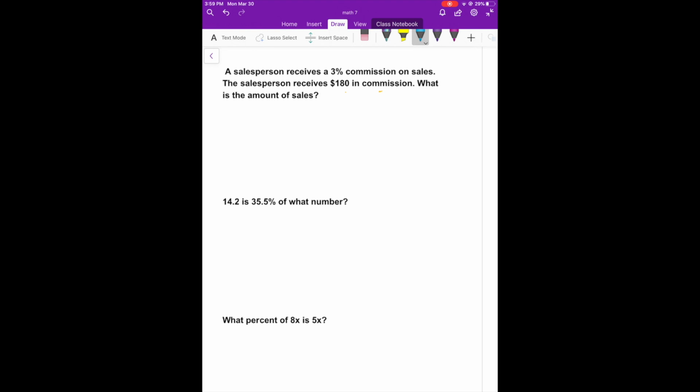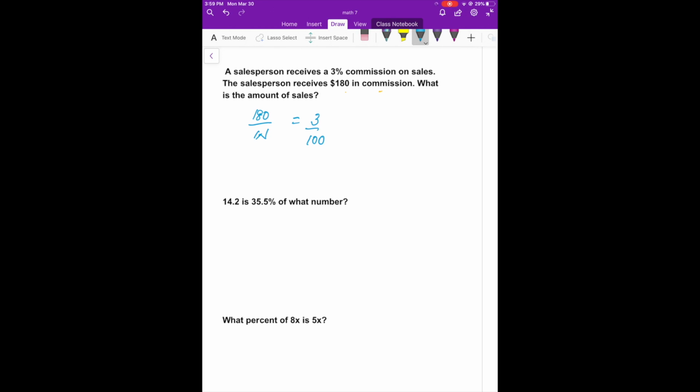We already know 3% means 3 over 100 is one of the ratios. And the other ratio is 180, the commission, and we don't know the total amount, which is the whole. How much did he make? So 180 over W is equal to 3 over 100.